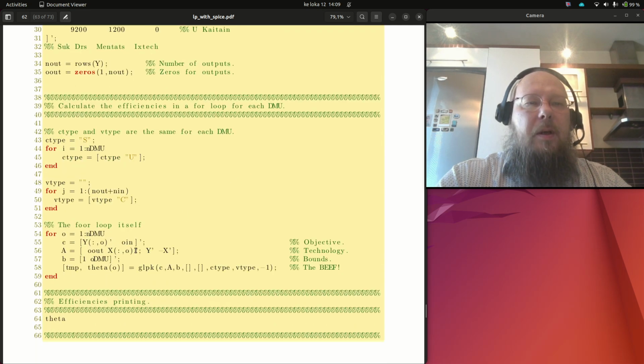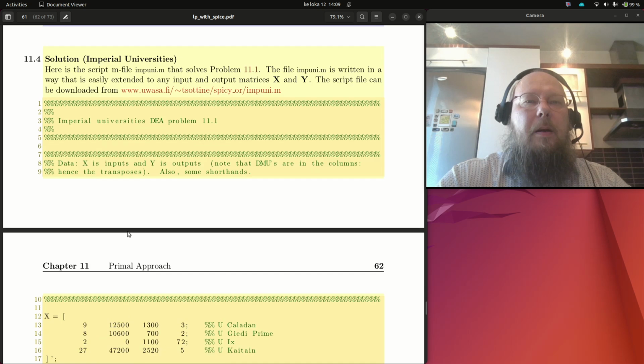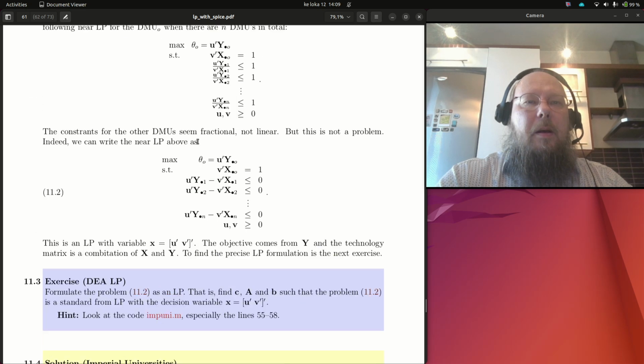This equals 1. The equals 1 is there in the b, but the left hand side is this. So again, this here is this here.